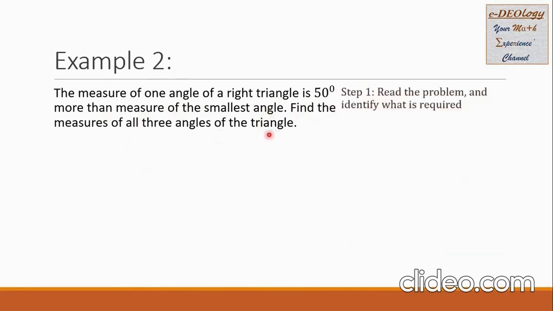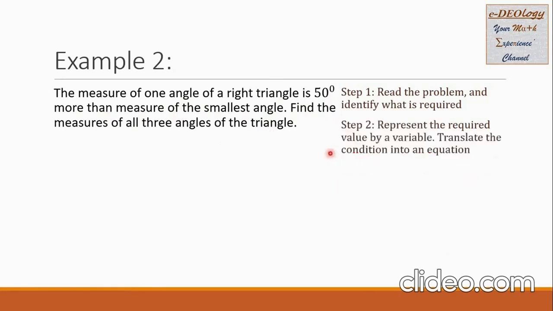Step 1, we read the problem and identify what is required. So we need to get 3 angles of the right triangle. Step 2, represent the required value by a variable. Translate the condition into an equation.